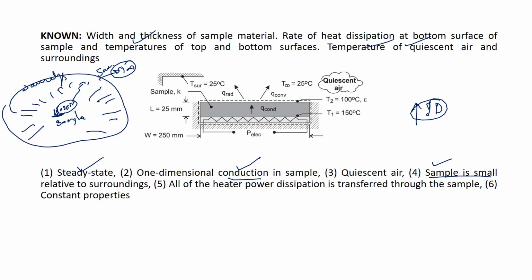So when the sample is small relative to surroundings, T infinity remains constant. And assume that all heat power dissipation is transferred through the sample and constant properties exist. We will be using the constant thermal properties, mu, rho, Cp, etc. values.